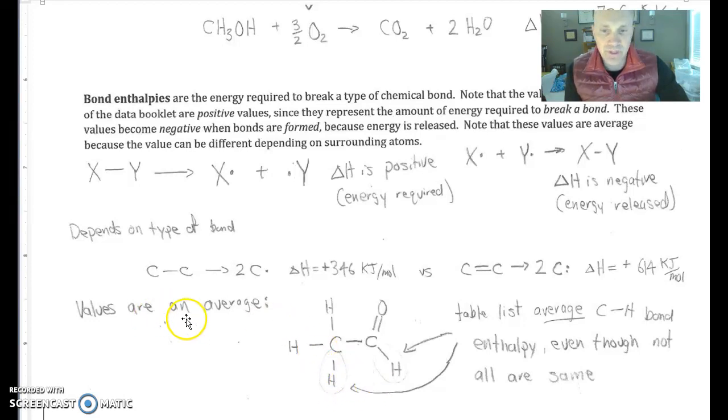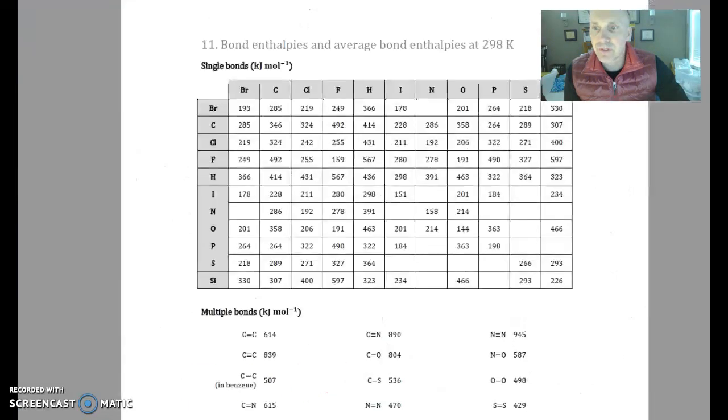But here's an example of why this is an average. Take a look at this molecule right here. This is ethanol. And notice that there are two types of carbon-hydrogen bonds. There's the carbon-hydrogen bond right here, and there's a carbon-hydrogen bond right here. And the thing about this table is it just says this is the amount of energy required to break an average carbon-hydrogen bond.